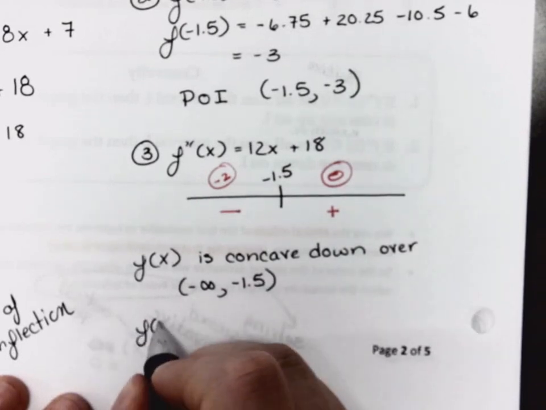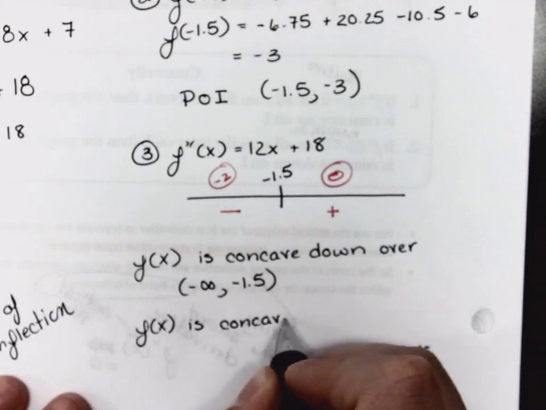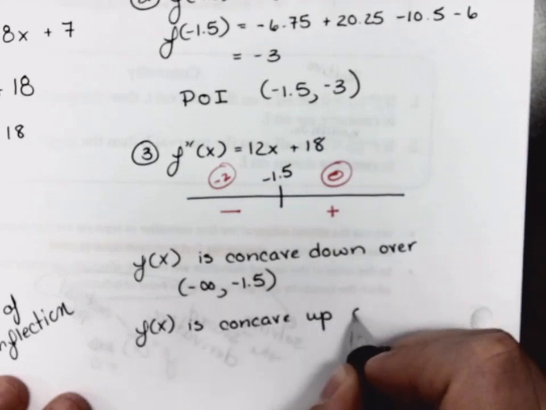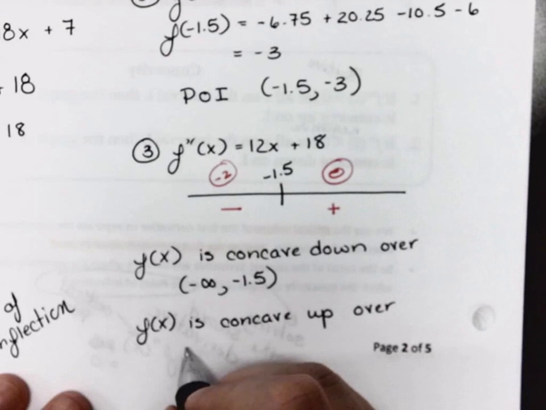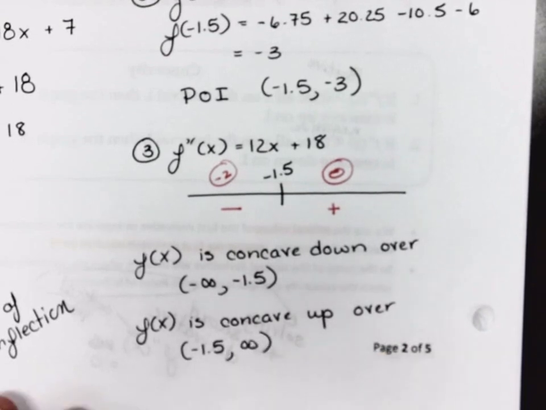And then f of x is concave up over the interval from negative 1.5 to positive infinity. Now we would have different ones if we had multiple points of inflection.